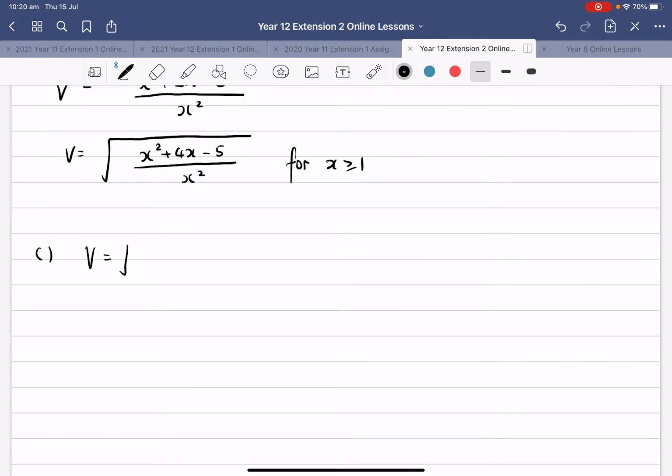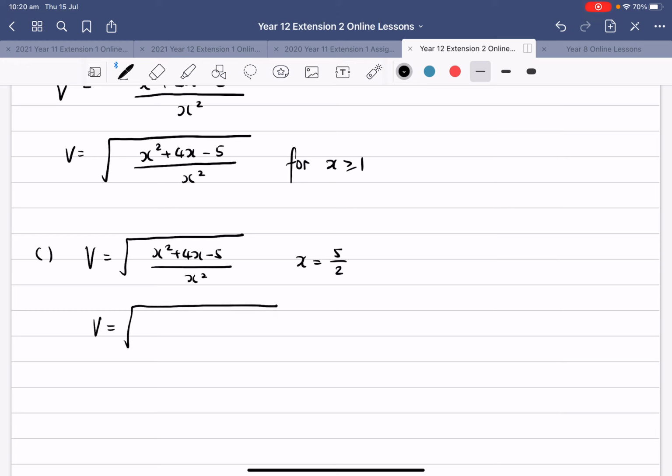Alright, so velocity is the square root of x squared plus 4x minus 5 over x squared. So when x is equal to 5 on 2, actually the question says what will happen if x is greater than 5 on 2. So the first step I need to do is a substitution, and substitute to see what happens when x is equal to 5 on 2.